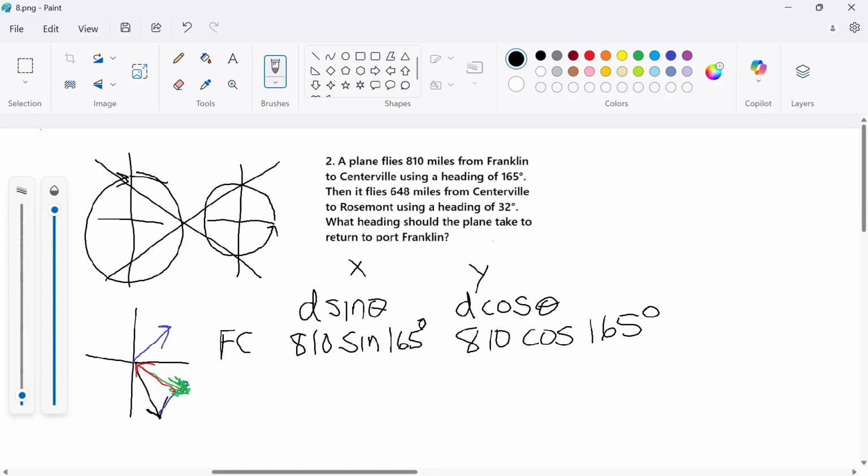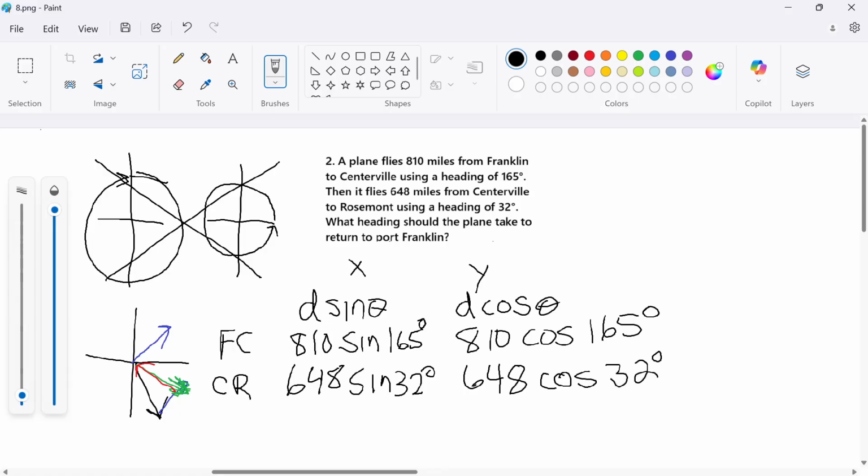Then the next trip from Centerville to Rosemont is going to be 648 sine 32 degrees and 648 cosine 32 degrees. Now maybe you're a genius and you can do all this in your head.